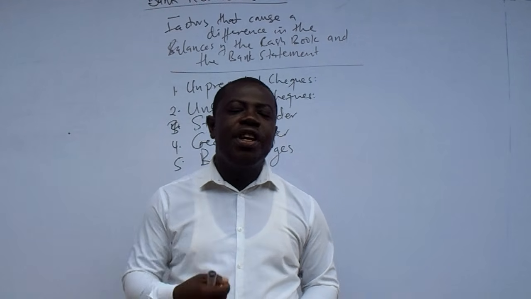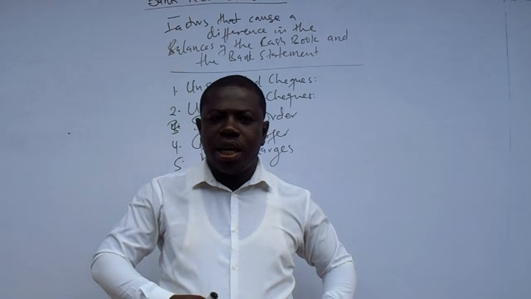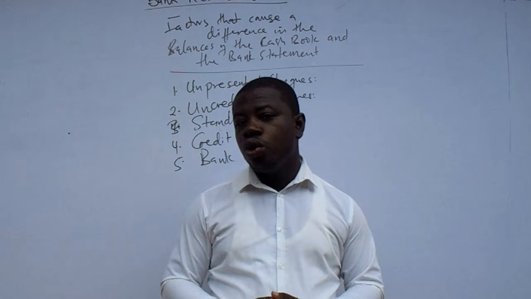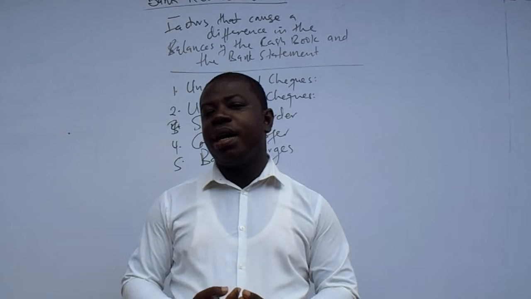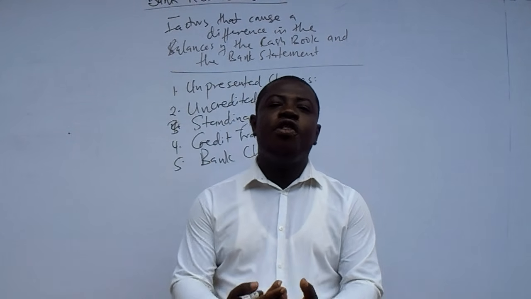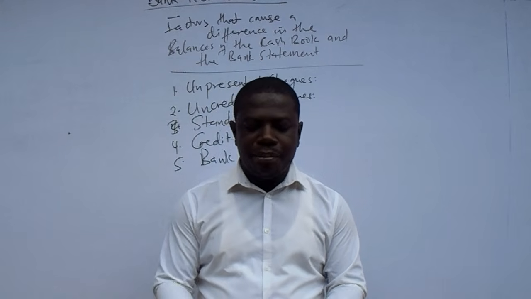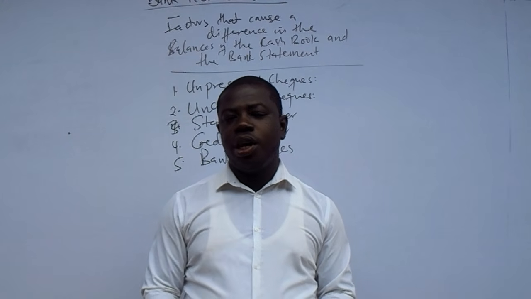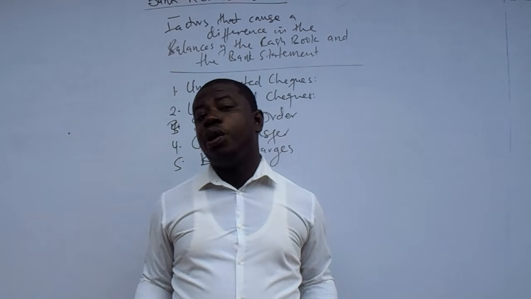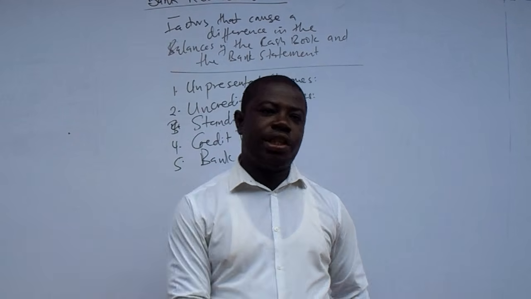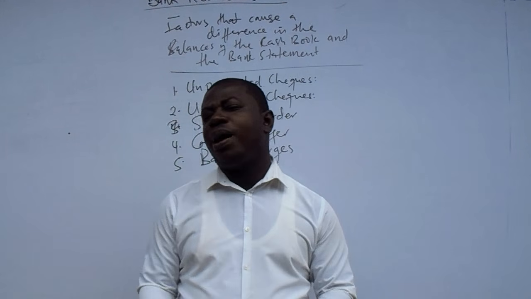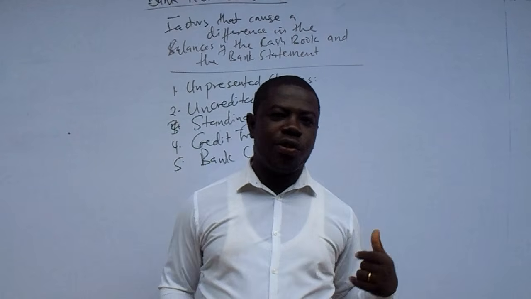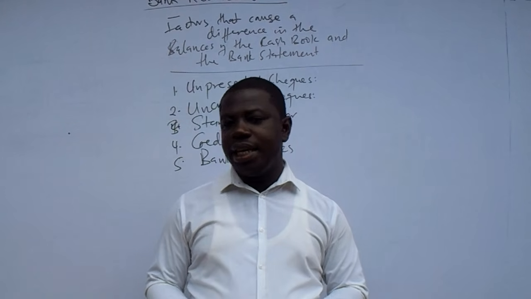Now, the bank will definitely charge you for operating a current account. Some of these charges are not made known to the business until the business takes their bank statement. And so you go for your bank statement and you realize that the bank had made some charges on your account, which has reduced your balance. And because you were not aware, you did not credit your cash book accordingly to make your balance the same. And so these balances will not be the same because of the bank charges that were present in the bank statement.